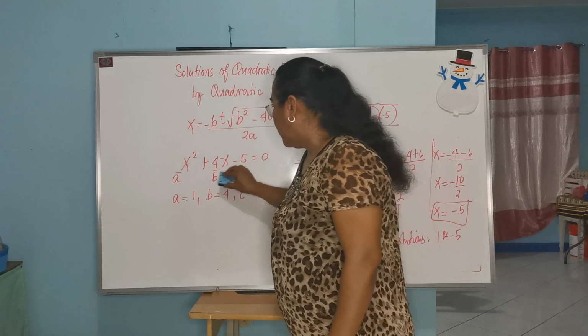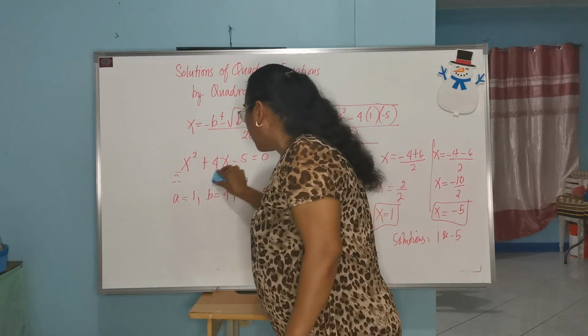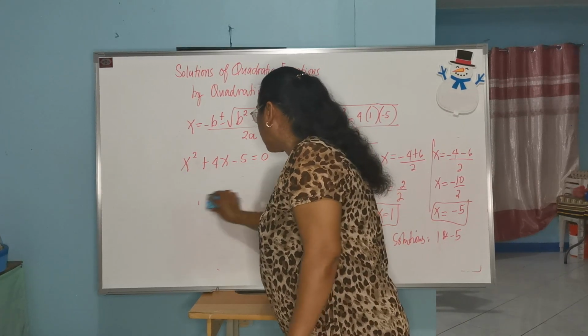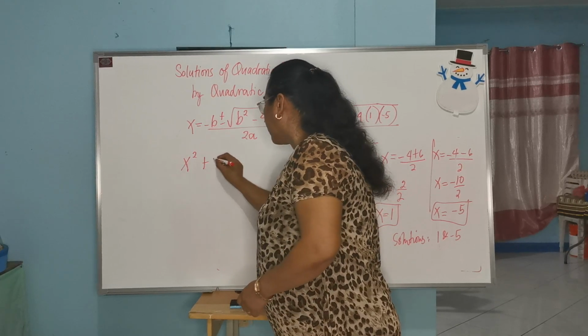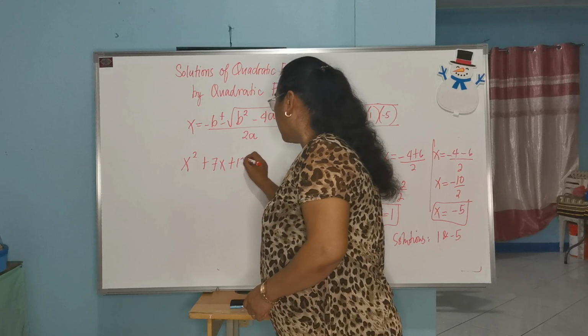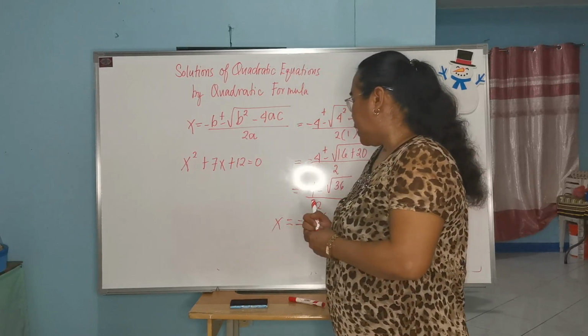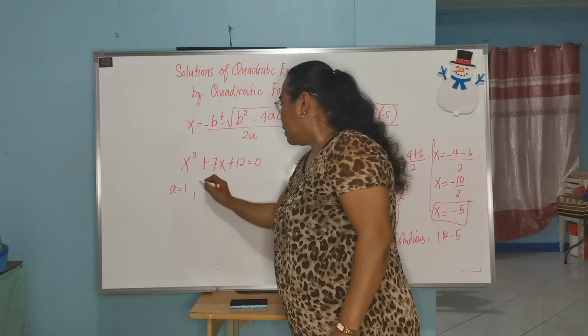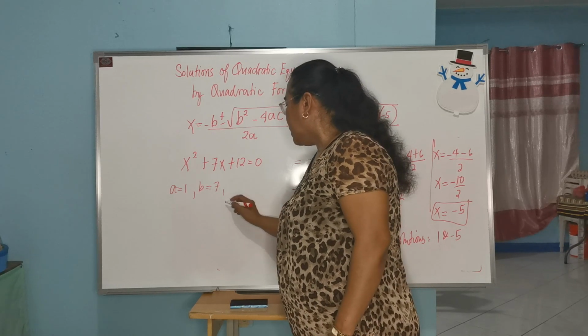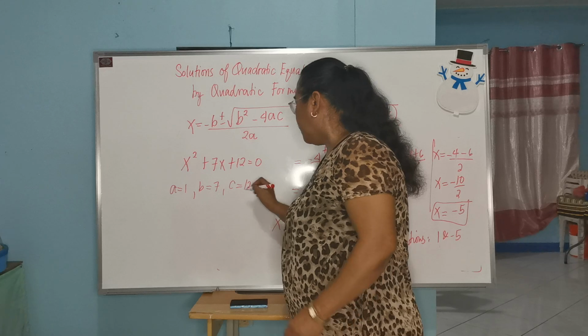So we have our x squared plus 7x plus 12 is equal to 0. So identifying our a, that is 1, our b is 7, and our c is positive 12.